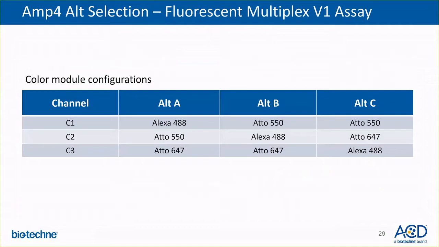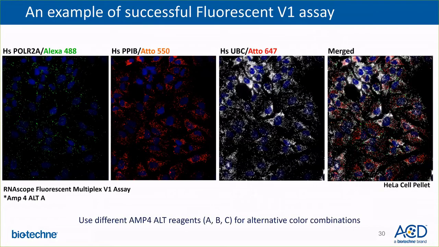Based on the alt used, you can have the C1, C2, or C3 probes labeled in Alexa 488, for example, here. The different alt options provide the customers the flexibility to mix and match the colors. Here is an example of successful staining using our 3-plex positive control probes with fluorescent version 1 assay on HeLa cell pellets.